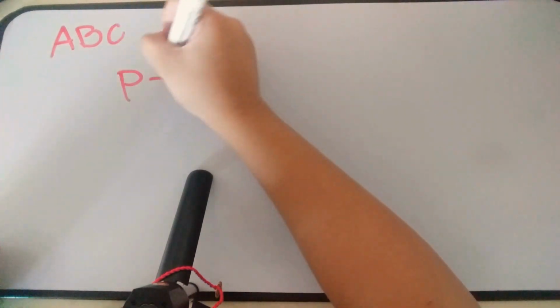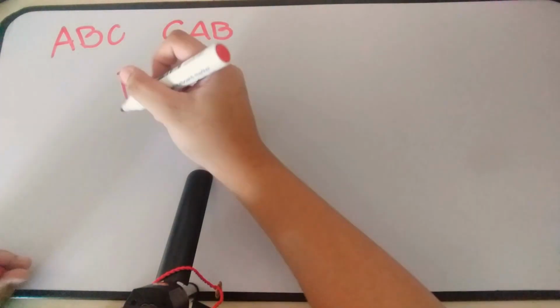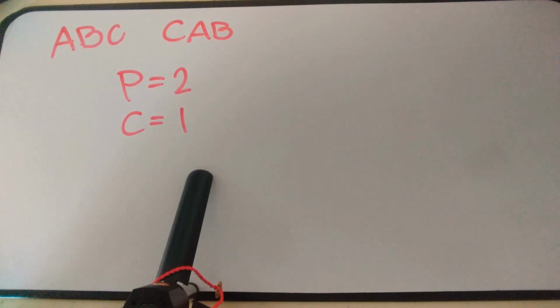So these are two different permutations. The number of permutations is 2. However, the number of combinations is 1. These two are considered the same in terms of a combination, but in terms of permutation, they are considered two separate things.